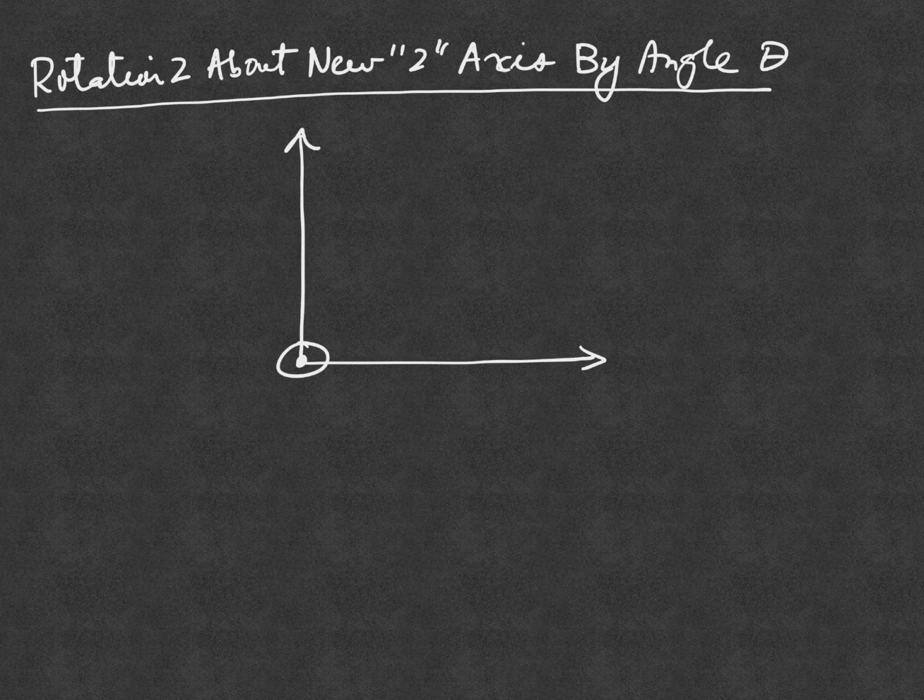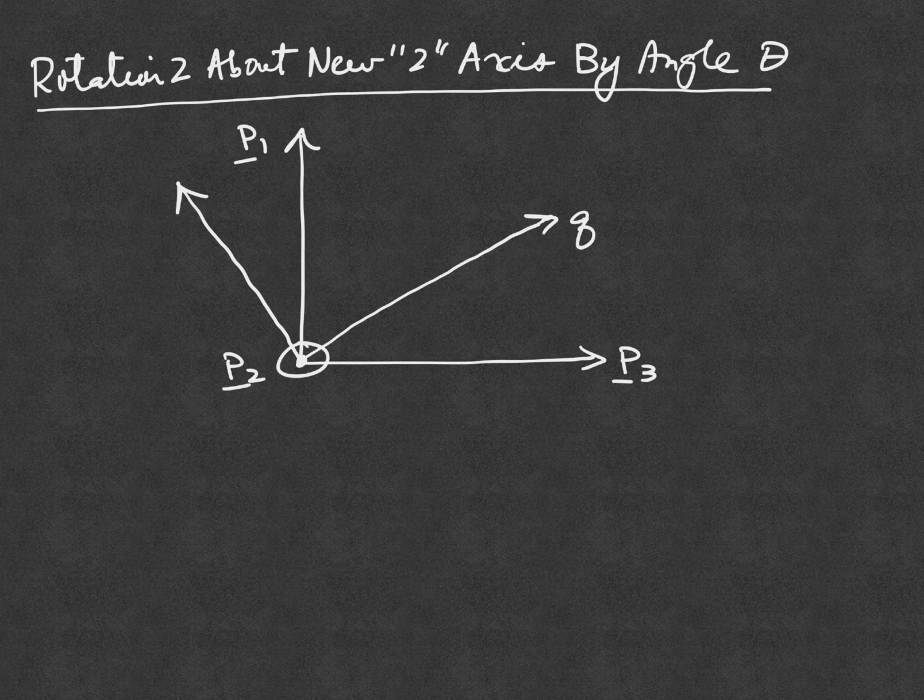So now I'm doing a rotation about P2. So P2 crossed with P3 gives me P1, which then gives me that the basis that results from this rotation has to be Q3 and Q1 and then Q2, and this angle is theta.